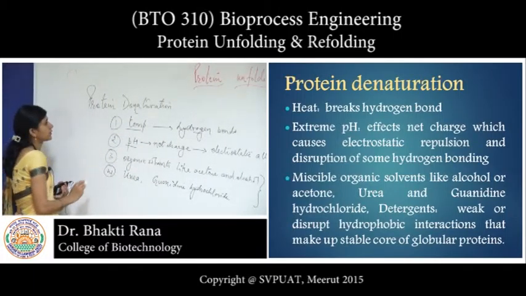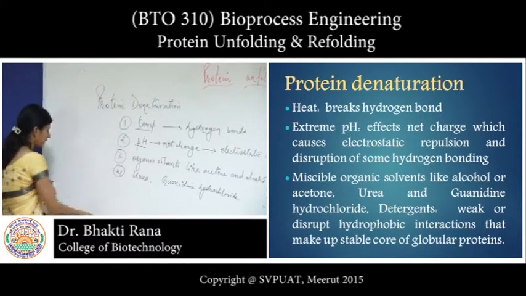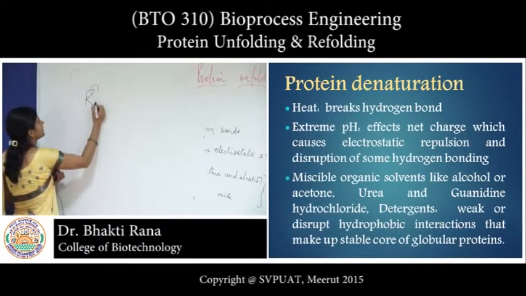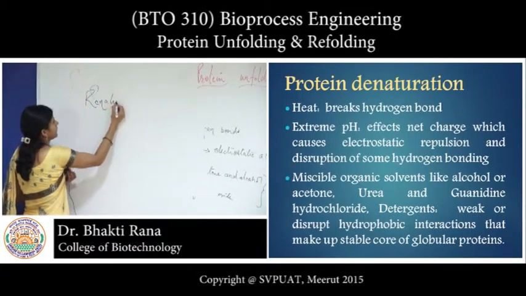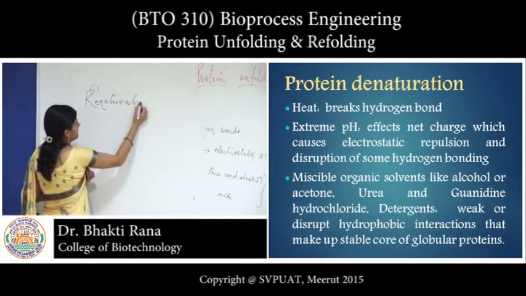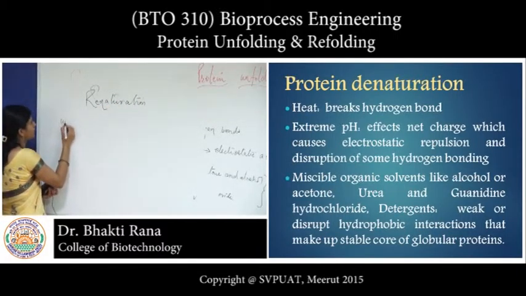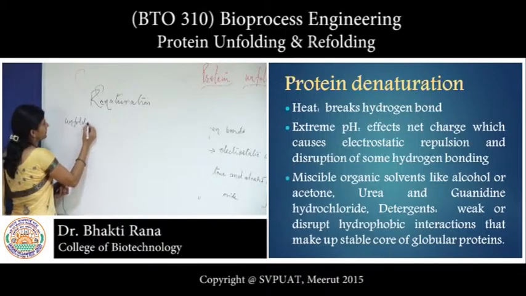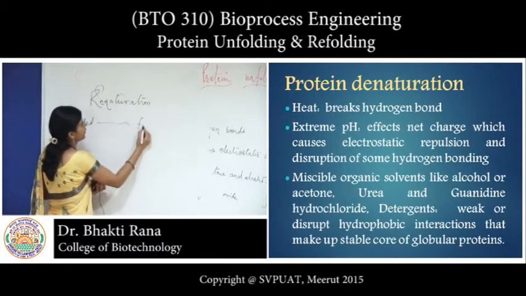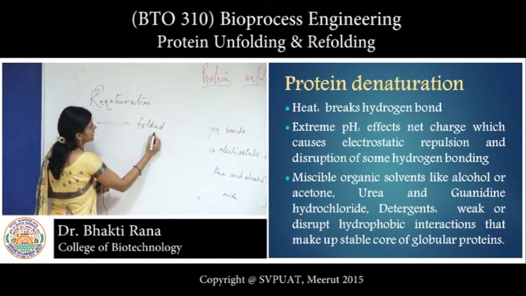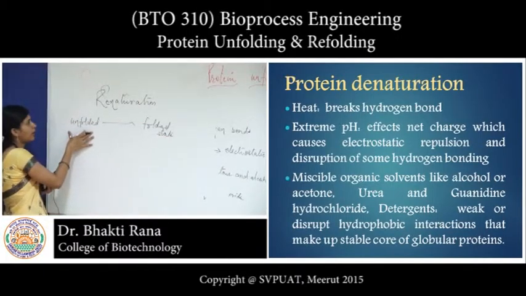After protein denaturation, when the protein is unfolded, we come to renaturation. Renaturation is getting the unfolded protein back into its folded or native state. But how can this be achieved?